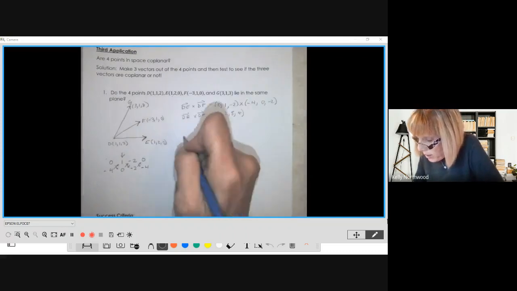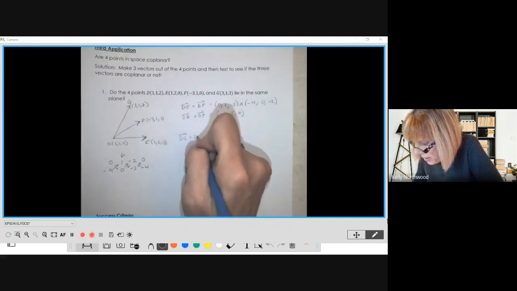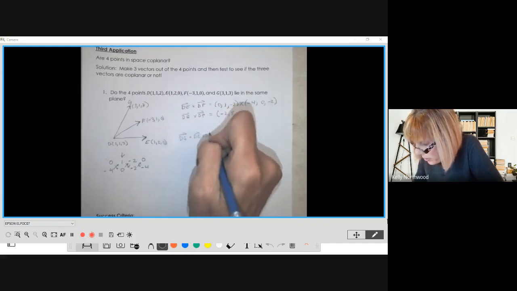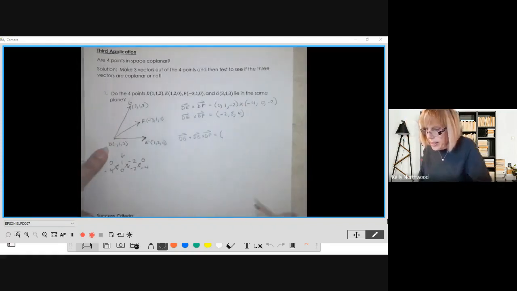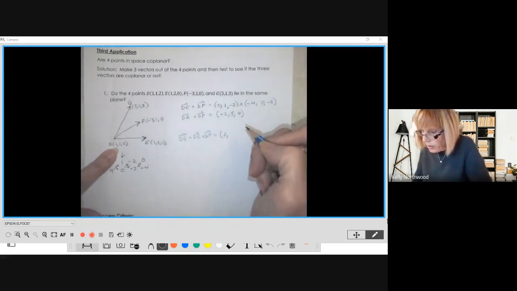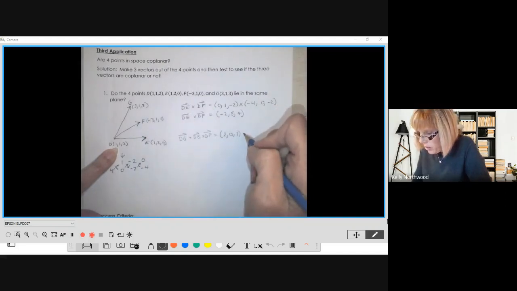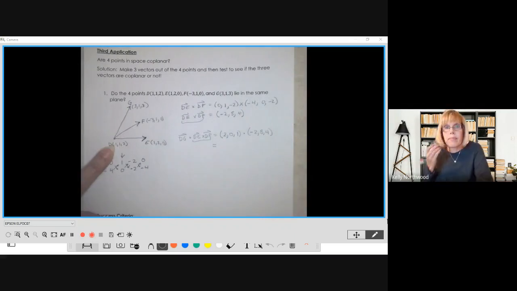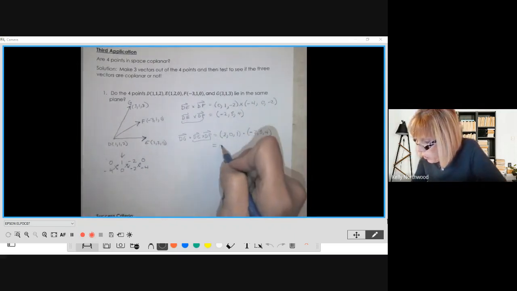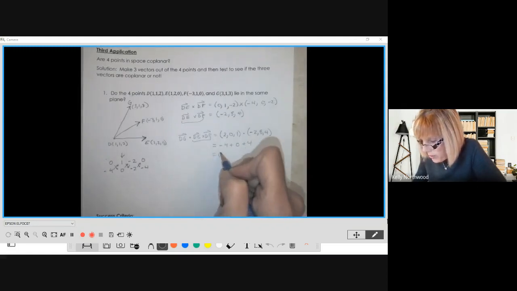And now we're going to see what DG dotted with DE cross DF is equal to. So DG is G minus D, so it's 2, 1 minus 1 is 0, 3 minus 2 is 1, dotted with our cross product here, which we found to be -2, 8, 4. And we get -4 plus 0 plus 4, which does give us 0.